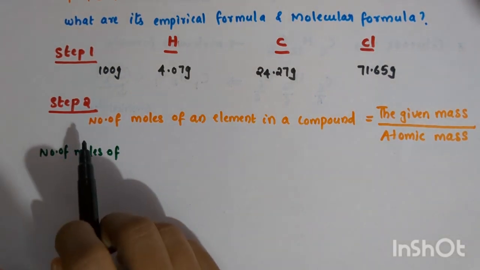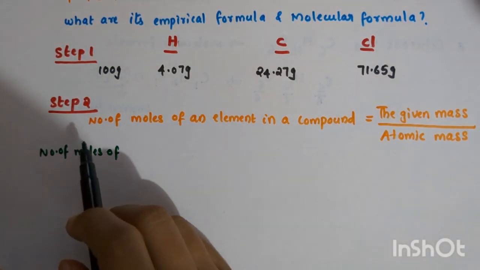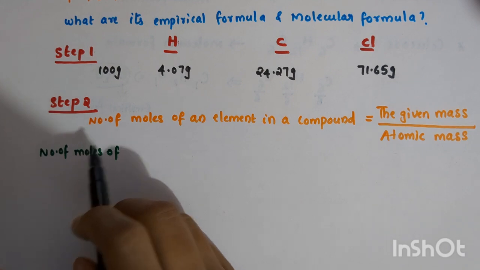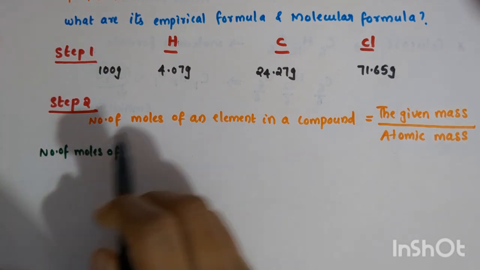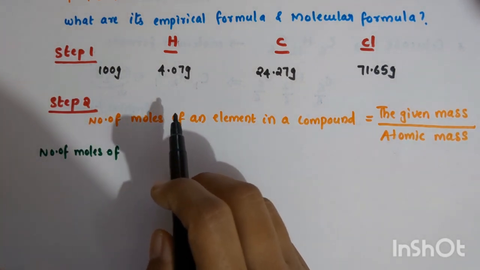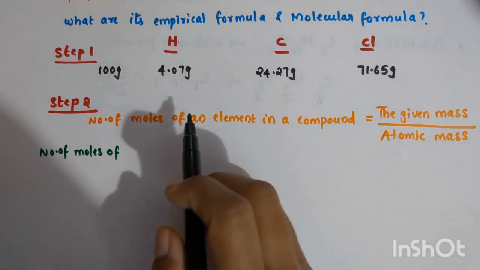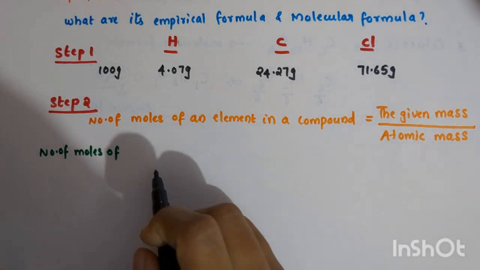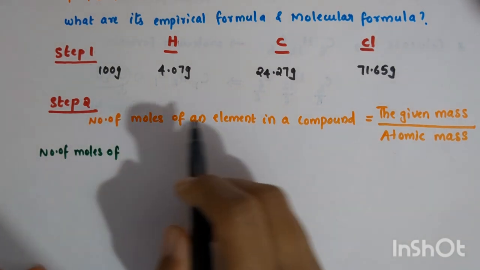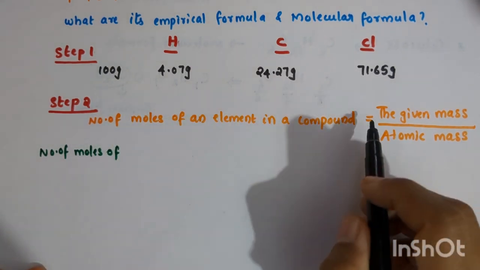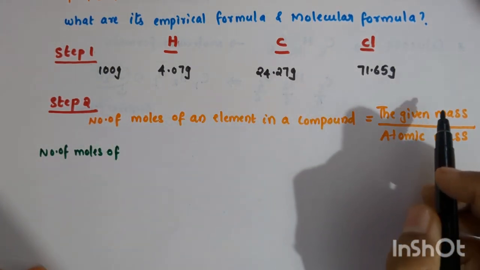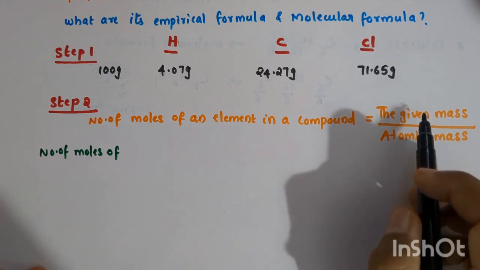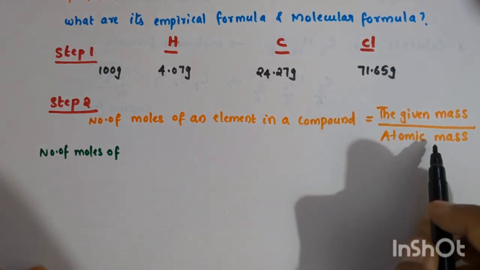Now, step 2: convert into number of moles of each element. We have converted the mass percent to grams. Now convert that into the number of moles of each element.